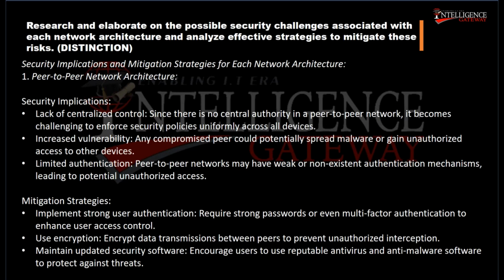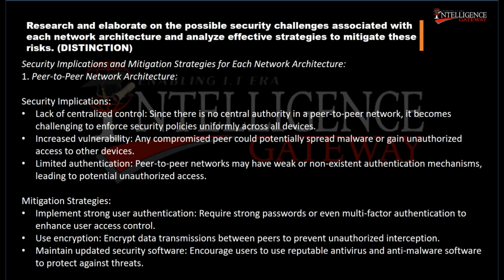Research and elaborate on the possible security challenges associated with each network architecture and analyze effective strategies to mitigate these risks. Distinction, security implications, and mitigation strategies for each network architecture. 1. Peer-to-peer network architecture. Security implications: lack of centralized control.